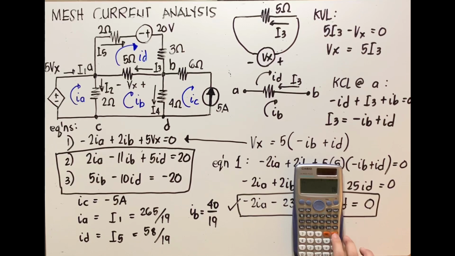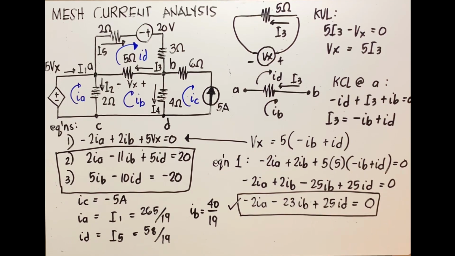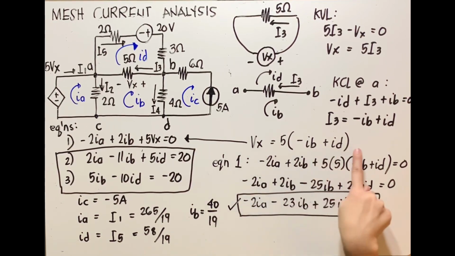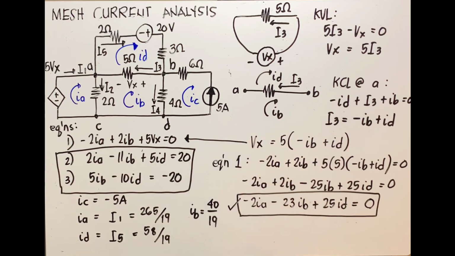Ano bang hanap natin? Ang hanap natin ay Vx. Sige, hanapin natin si Vx. So, Vx is equivalent to 5 I3 or simply, ito na lang yun. Diba?